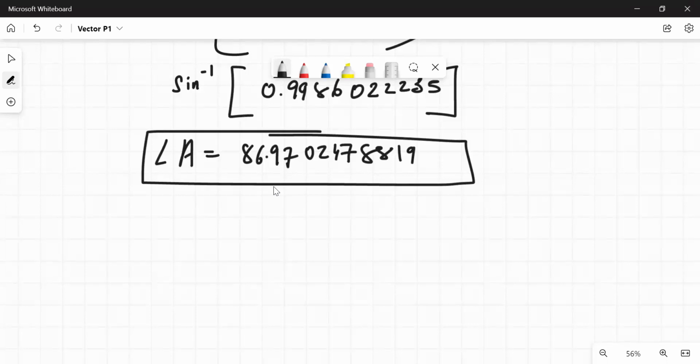So the question is now that if the resultant angle is less than 86.98, then what should NASA do to bring it between 86.98 and 87 degrees? Should they increase the speed?